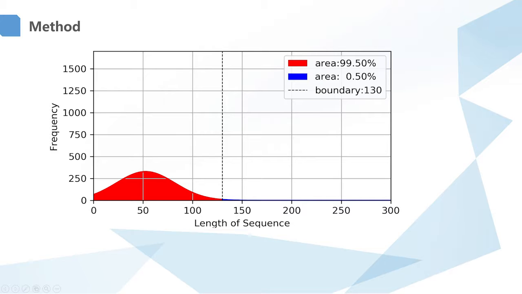By calculation, we can see that items with fewer than 130 words account for 99.5% and include almost all items, so 130 is a good choice.